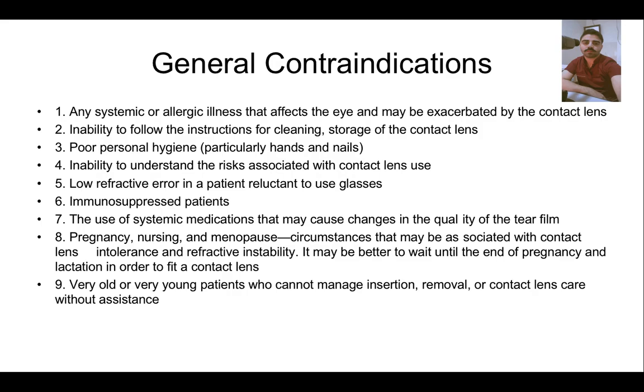So we have to wait until the refractive error is stable and there is recovery of their corneal sensation, and then we can go for a contact lens fitting. So if someone is pregnant or lactating, you have to wait, and once their corneal and ocular parameters are stable, then we can move on with the contact lens fitting.